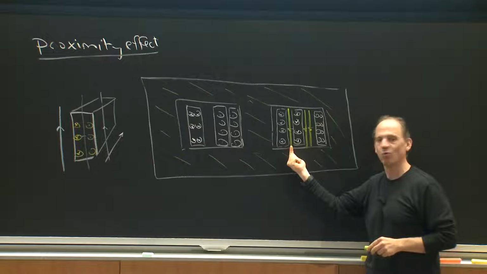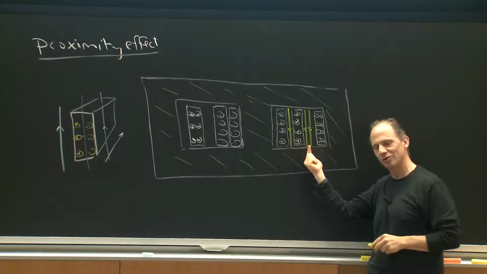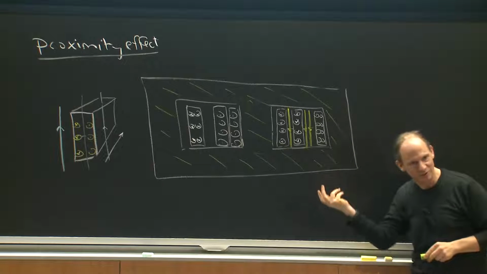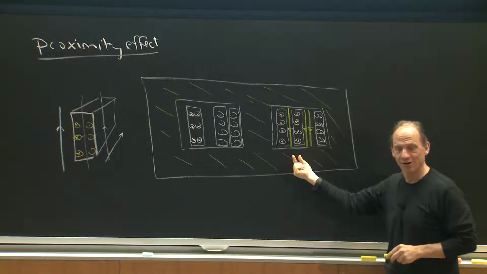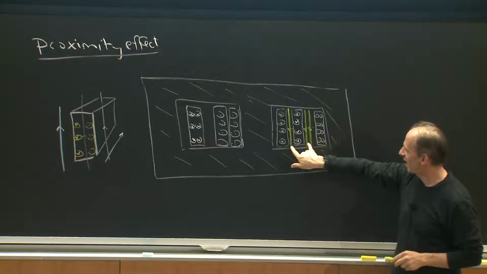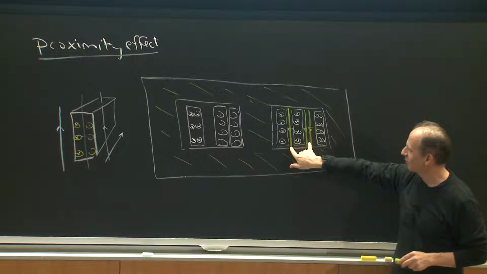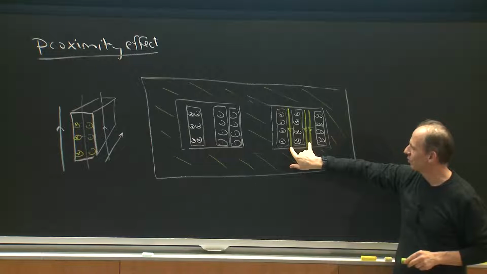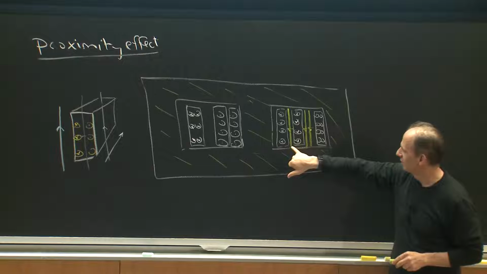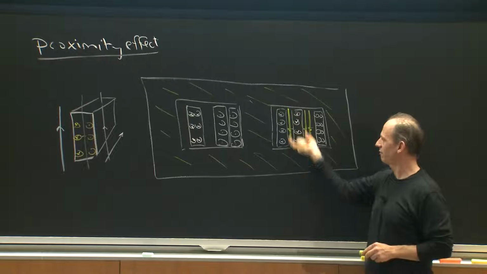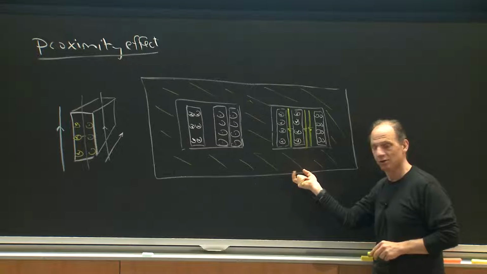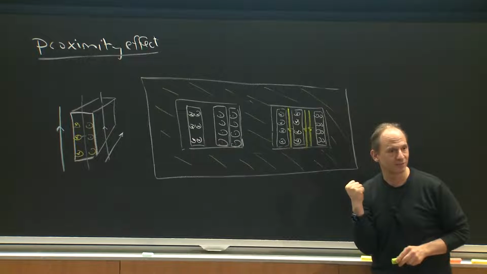In the first layer, I've got 1 unit of H. In the second layer, I've got 2 units of H. If I had 3 layers, I'd have 3 units of H, right? This layer is only carrying 1 unit of current, but you can see that it has an average of 1.5, or it has a field that's imposed on it that's bigger than the net current it's carrying.